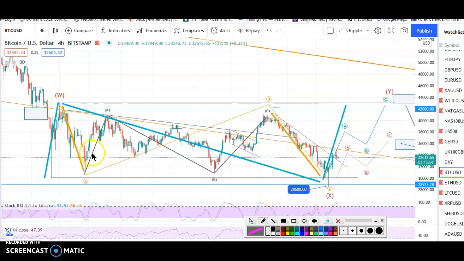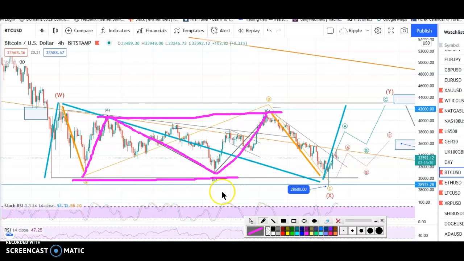Now, inside this flat correction, I've got the first A down there, and then, let me just start again here. Okay, we all agree that the wave B is always going to be a three-wave correction. So if I look inside here, the dark gray line, I've got an A, a B, a C. We all see that as a three-wave flat correction.